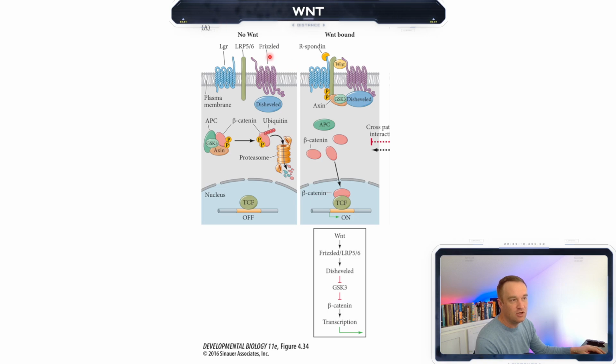So when no WNT is here, beta-catenin looks around with this axin and whatever, looks for APC. Ubiquitin is a tag that targets for degradation, and so it breaks down beta-catenin in that case.